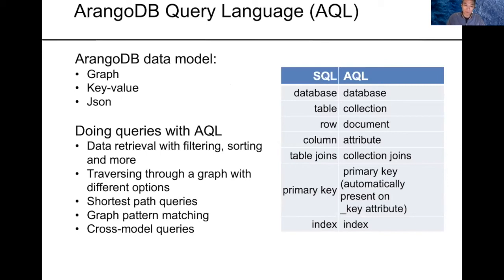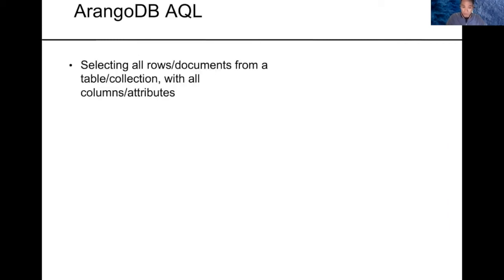ArangoDB supports graph, key-value, and JSON, and it can do queries with AQL for retrieving data, with filtering, sorting, and more, and traversing through a graph with different options. It can also handle shortest path queries, graph pattern matching, and cross-model queries. First, we'll give you some basic examples to show how we can use AQL.